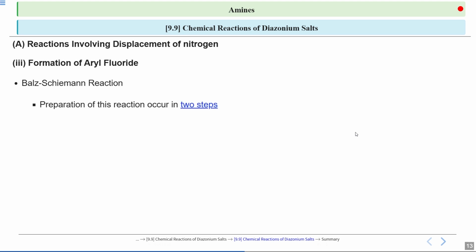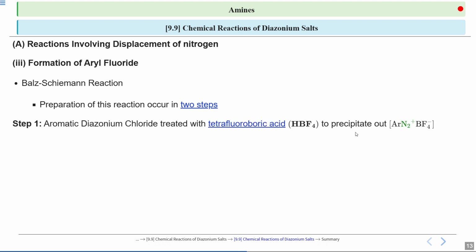This reaction occurs in two main steps. The first step prepares a special intermediate, and the second step converts that intermediate into the final aryl fluoride product. Let us discuss each step in detail. In step 1, we start with aromatic diazonium chloride and treat it with tetrafluoroboric acid, which is HBF4.